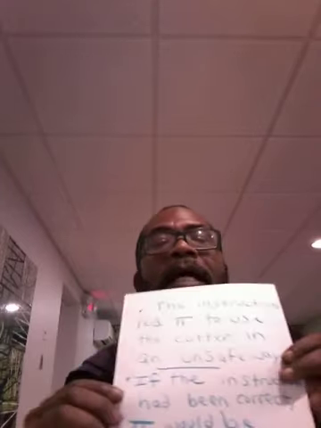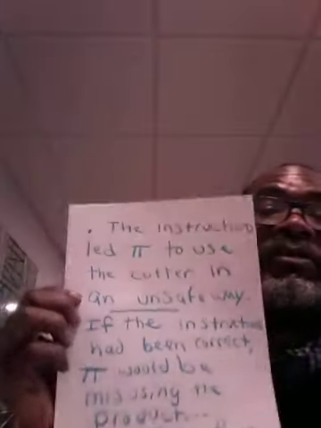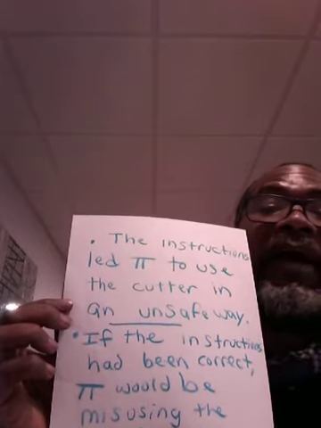The packaging incorrectly stated, intentionally in this case, that you could cut shrubs up to 10 feet in height. The instructions led plaintiff to the misuse that caused their injury, right?